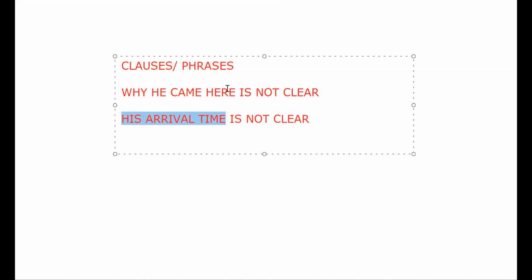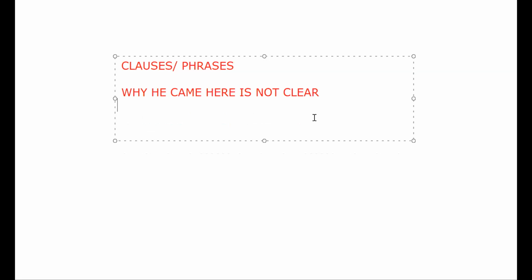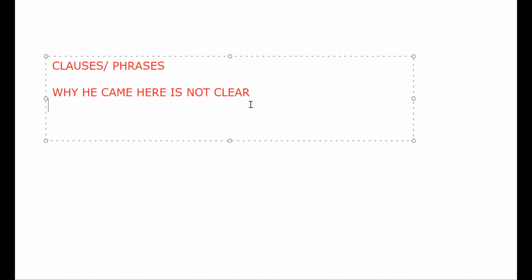In the above one also I have a group of words, but if you observe, in this group there is no verb. So the above one is called a noun clause. This one is called a noun phrase. Now simply remember, whenever somebody asks you what a phrase is, a phrase is a group of words without a verb.